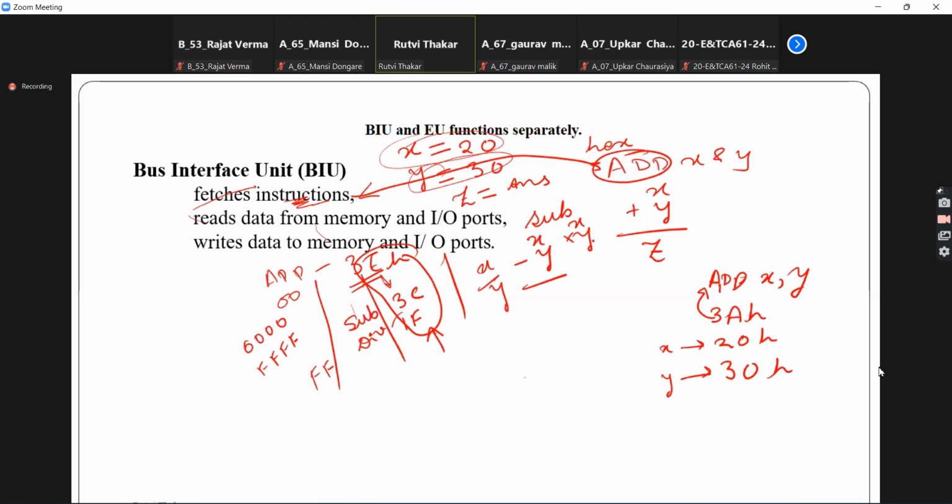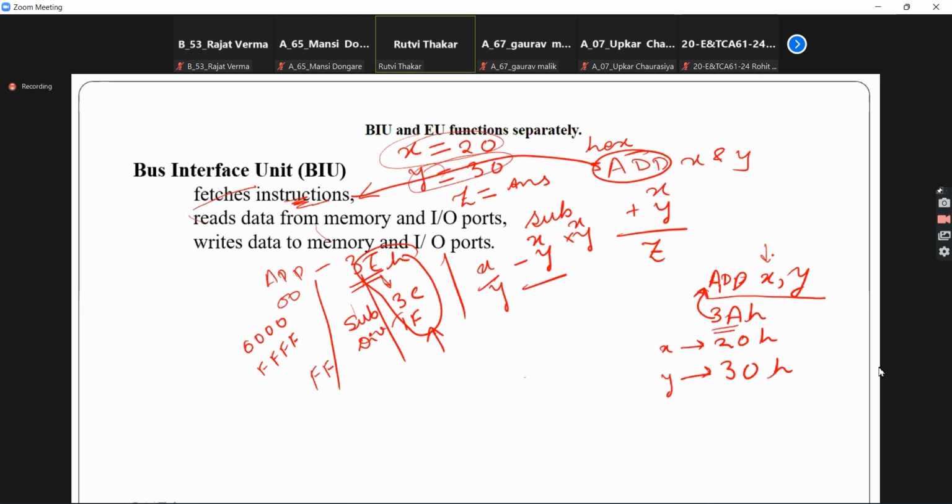You are writing this code that I want to add x and y. So I wrote add x comma y. This is the way we will write down the instructions. This you have understood. For your ease, microprocessor will convert this add into its instruction number. The equivalent instruction number of add is given as 3A.